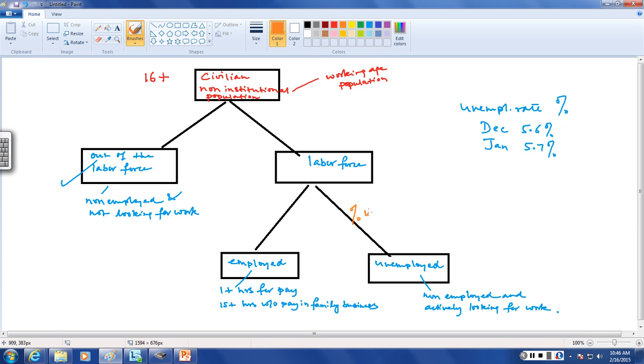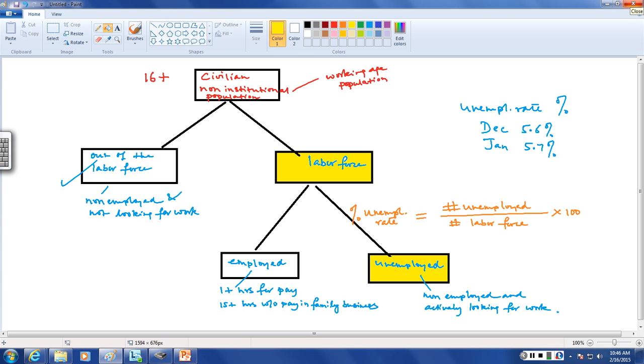This is your unemployment rate, meaning the unemployment rate is the number unemployed expressed as a percentage of the labor force. You see? So people in, which box are we talking about now? This box here as a percentage of that box.